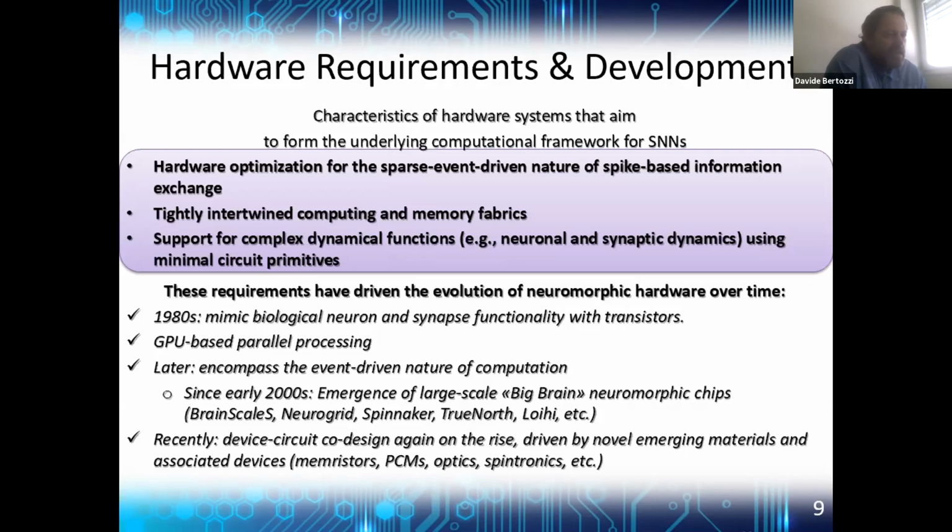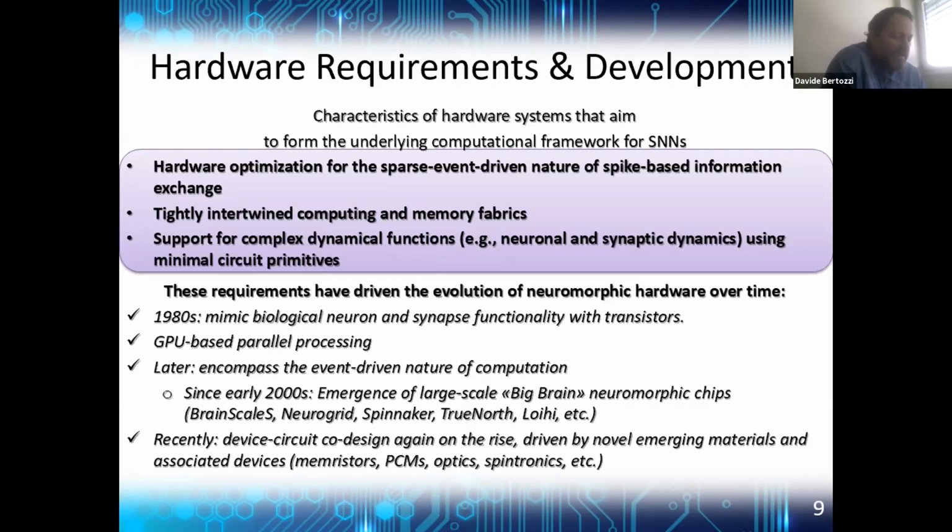This device circuit co-design approach remained mainstream until the advent of throughput computing via GPUs. They were providing enough computation capacity to become the reference platform, not only for running deep neural networks, but also for exploring inference and training for spiky neural networks.